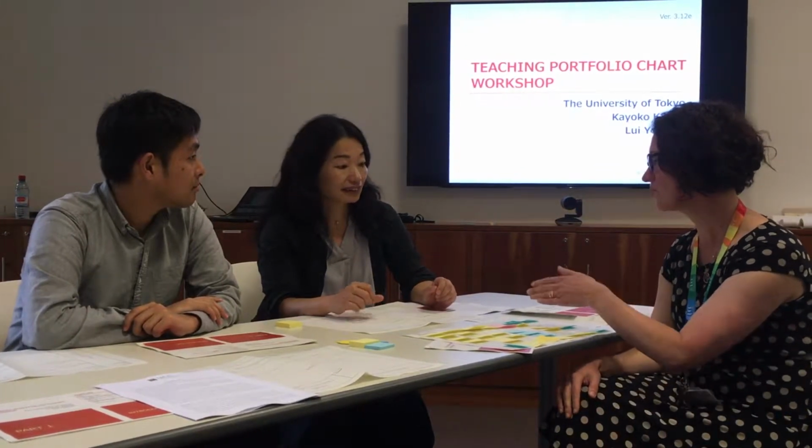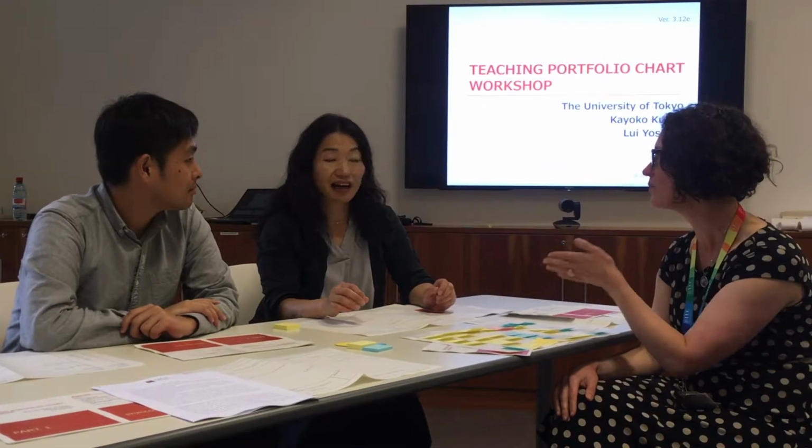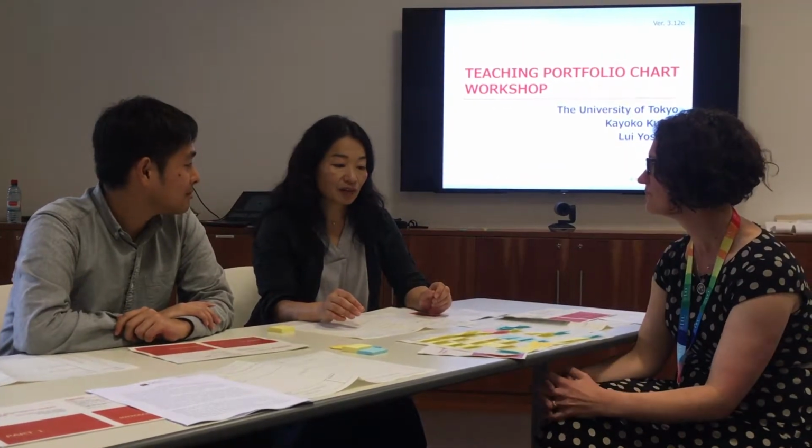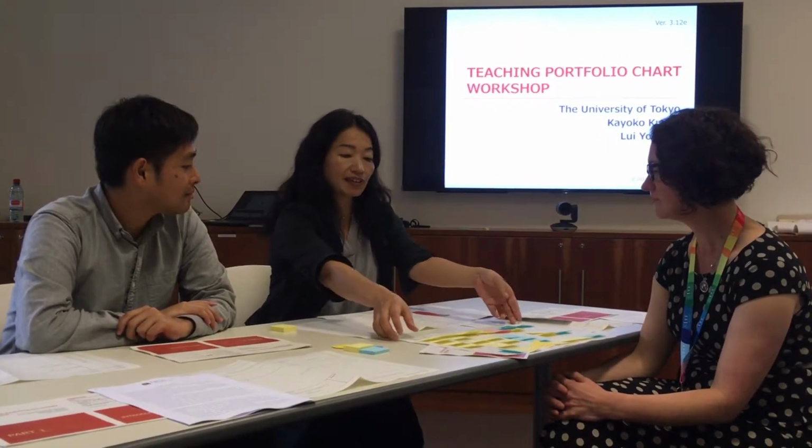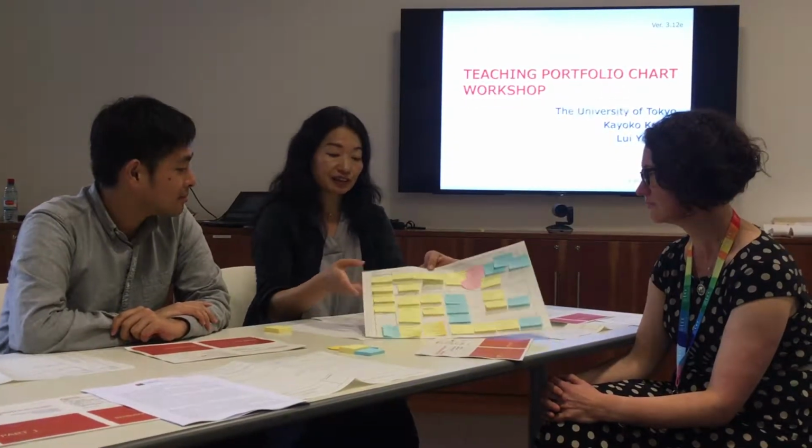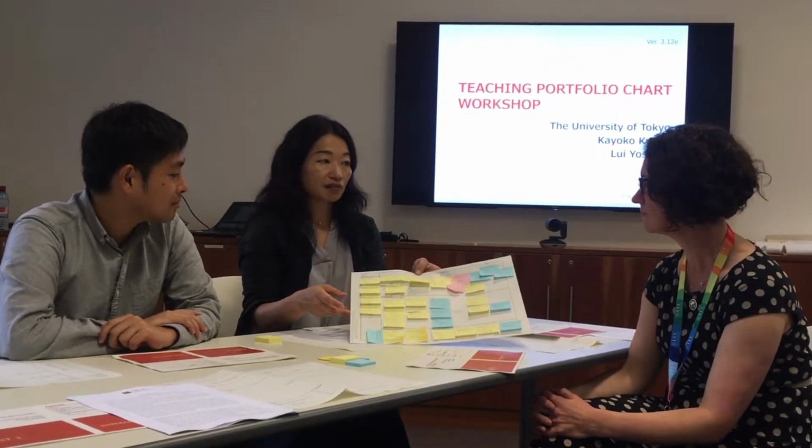Can you maybe just talk through what the steps are for the workshop, what participants do? So for making the TP chart, it takes 2.5 hours.